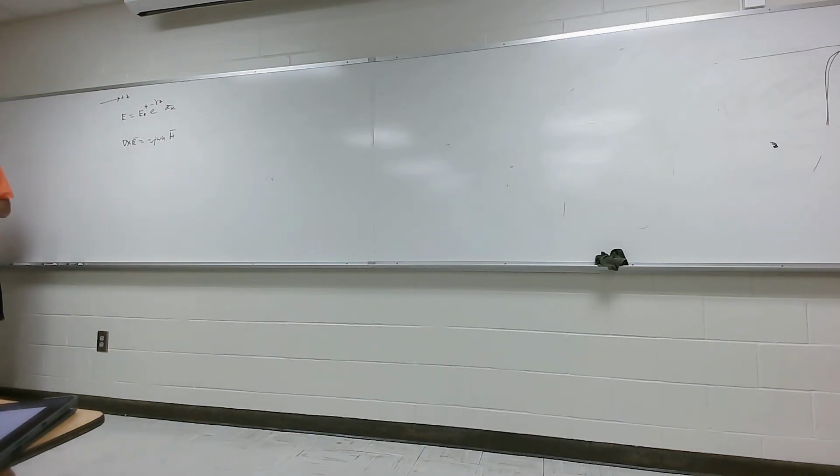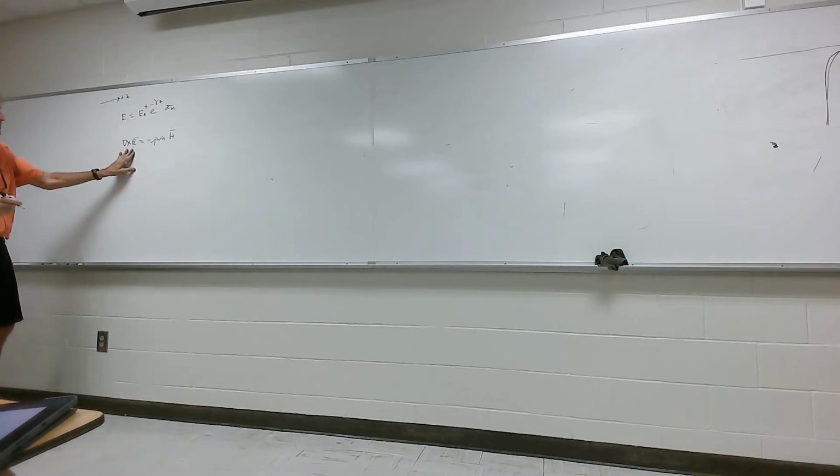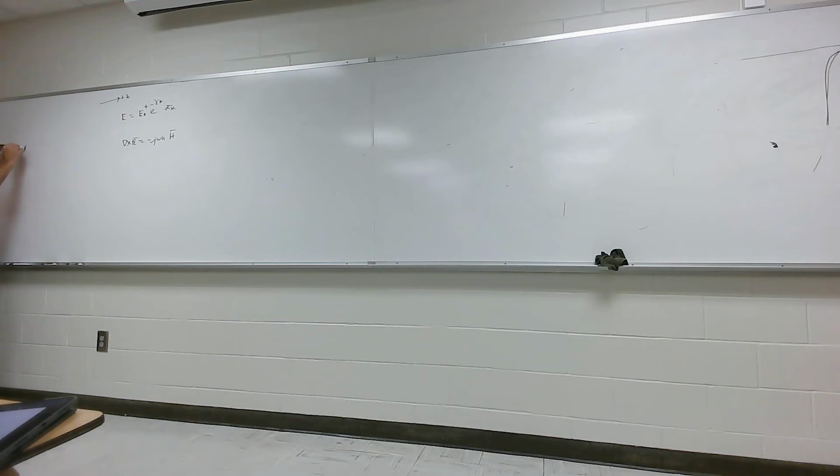So I take a look at that, and what do I see? Well, the curl of E, the way I get it, it's Cartesian: a_x, a_y, a_z, and then it's going to be d/dx, d/dy, d/dz, and then you have E_x. Since there is no E_y, it's 0 and 0.